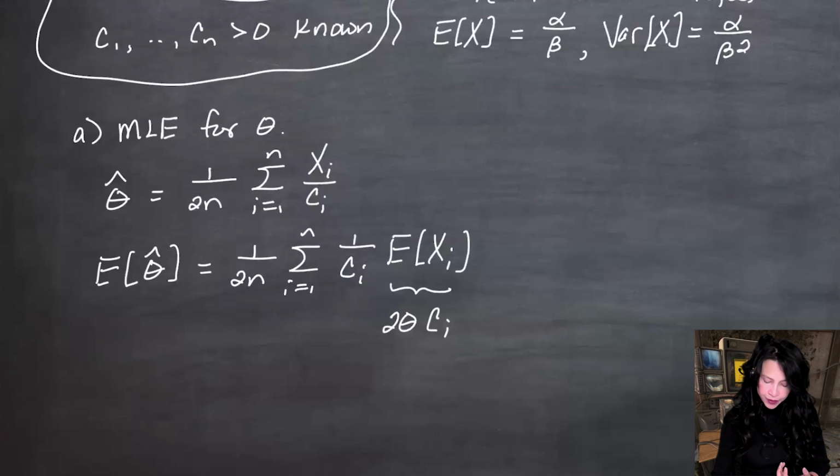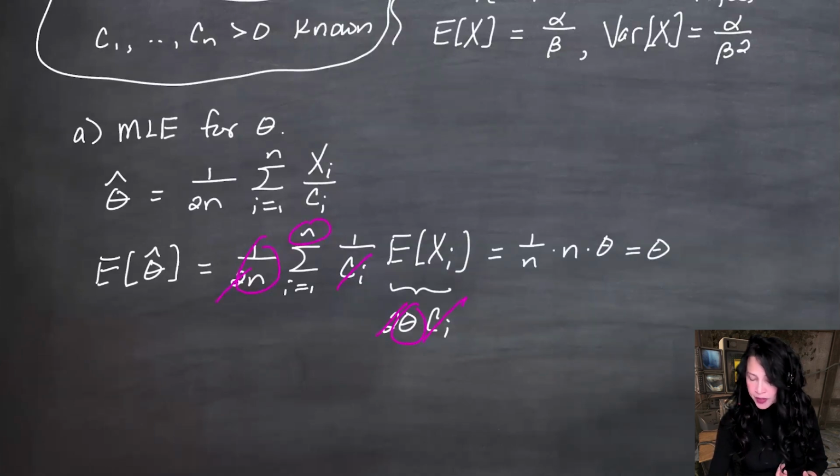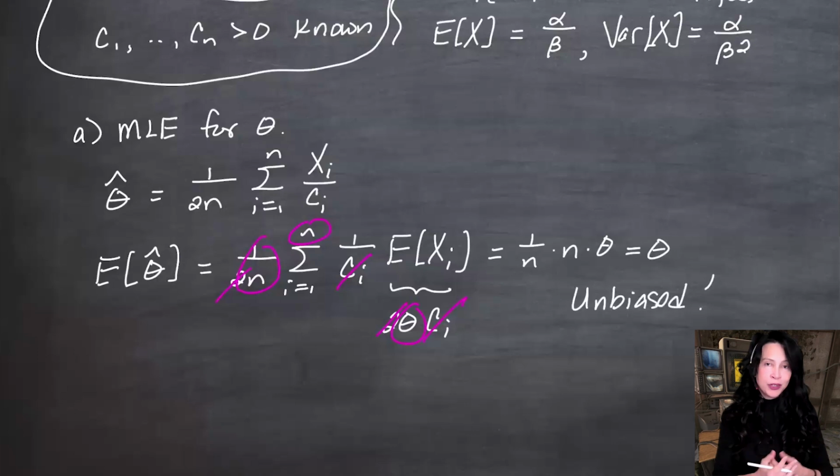So once you fill that in, this will cancel with this, and you'll get a theta n different times and a 1 over n. So you'll end up with 1 over n times n theta, or theta. So we do have an unbiased estimator for estimating theta for this MLE.